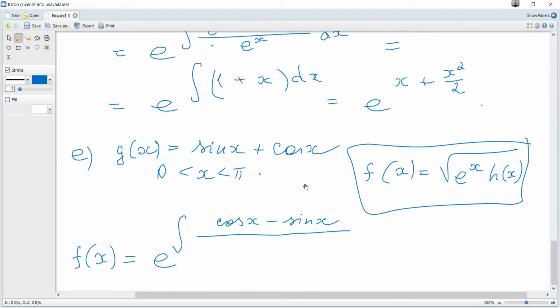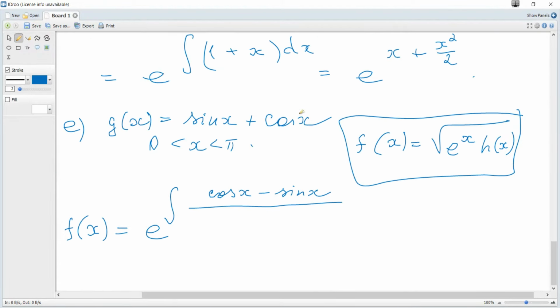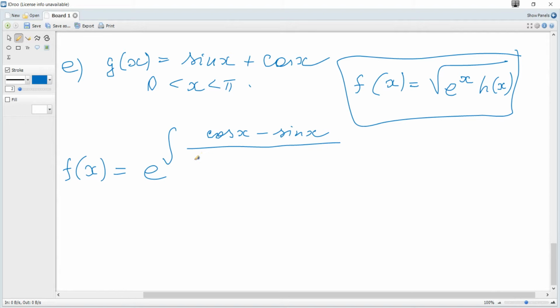And g derivative minus g: so g derivative is cosine minus sine, minus g, so minus sine minus cosine, dx.